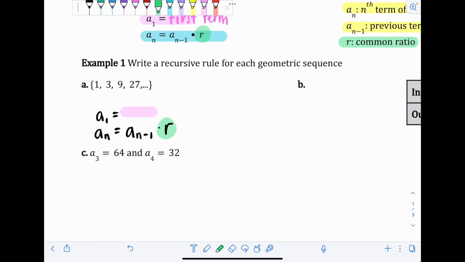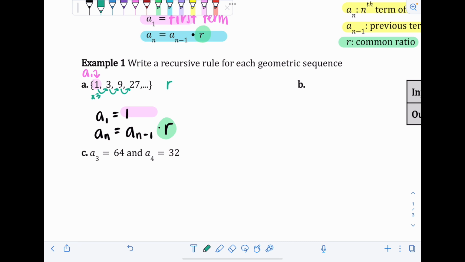So if we look at example 1, a_1 is always the first term in the sequence, so whatever comes first. So a_1 would be 1, so I'm going to put a 1 there right away. And then r is the common ratio. How do I get from one term to the next? I'm going from 1 to 3, from 3 to 9, from 9 to 27, so I'm multiplying by 3 every single time.